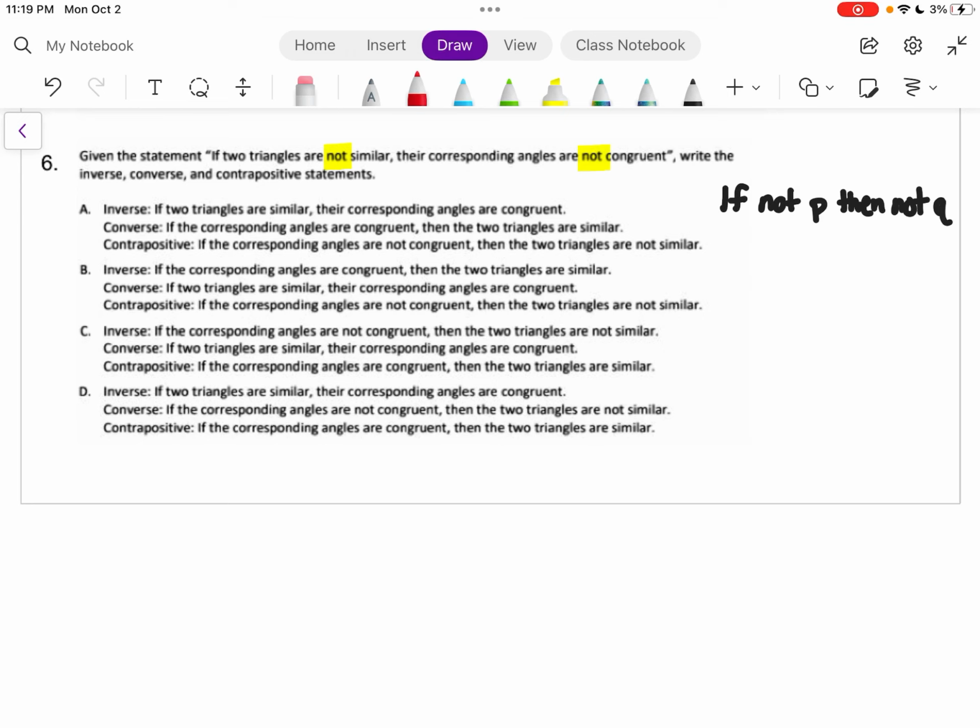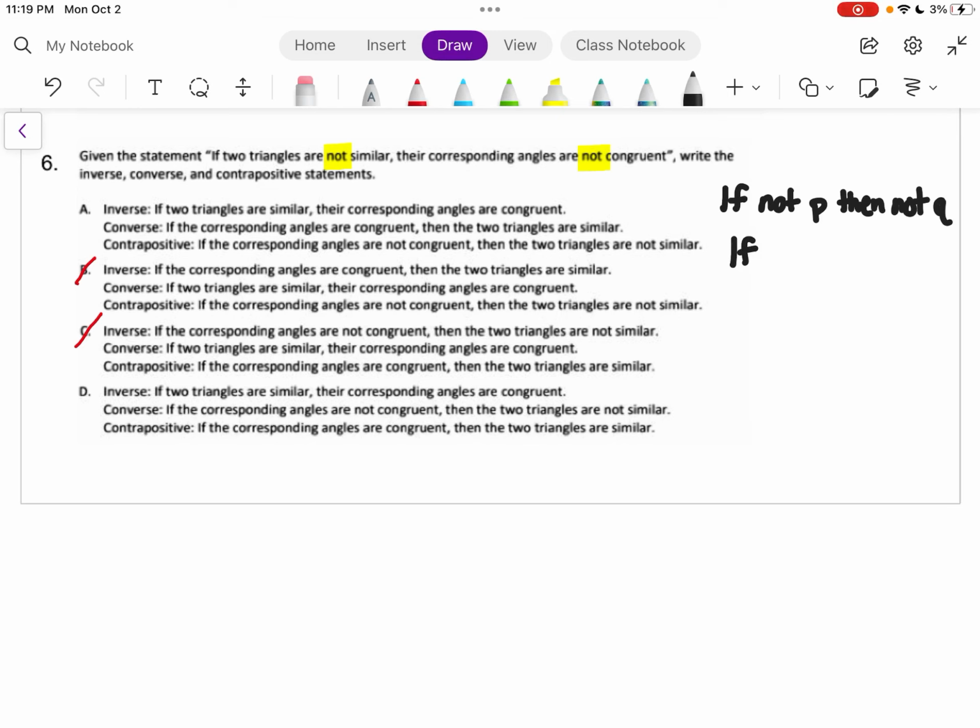So if you look at that, answer choice C would be incorrect because it still has the word not in it. And we could cancel out choice B because it's not in the correct order. So our choices right now are A and D, but we need to check on the converse and the contrapositive. Remember, we said earlier that the converse should flip our statement around.